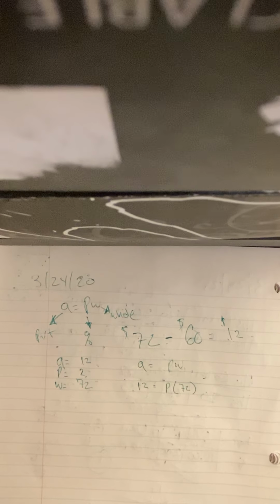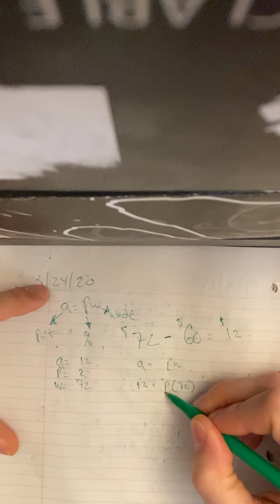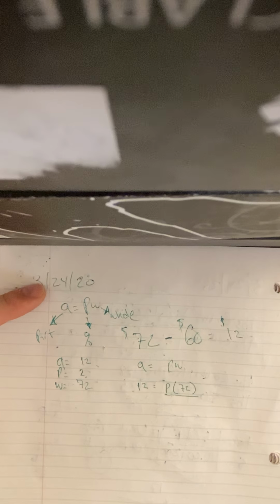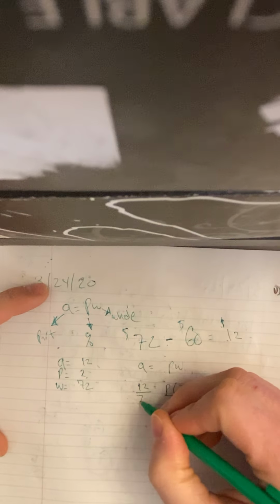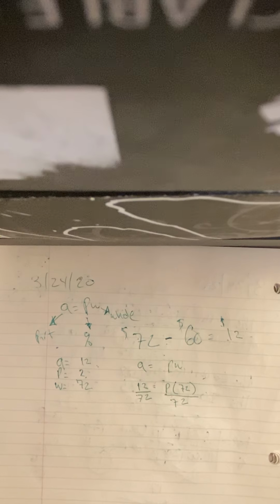We're trying to find out what percentage I got off to get me $12 off. As you know, the P and the 72 are multiplying. So to undo multiplication, take the inverse, which is, of course, division, right? So I'm going to divide by 72. And what I do to one side, I do to the other. I'm going to divide by 72.